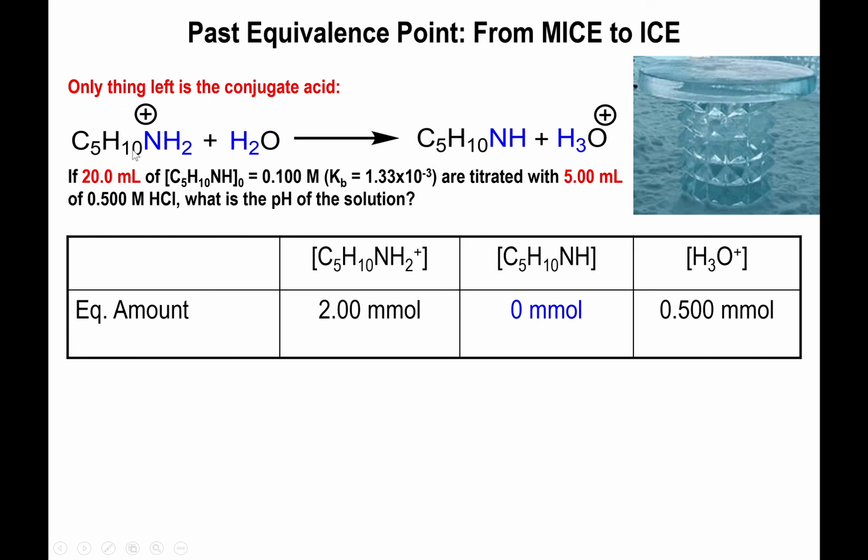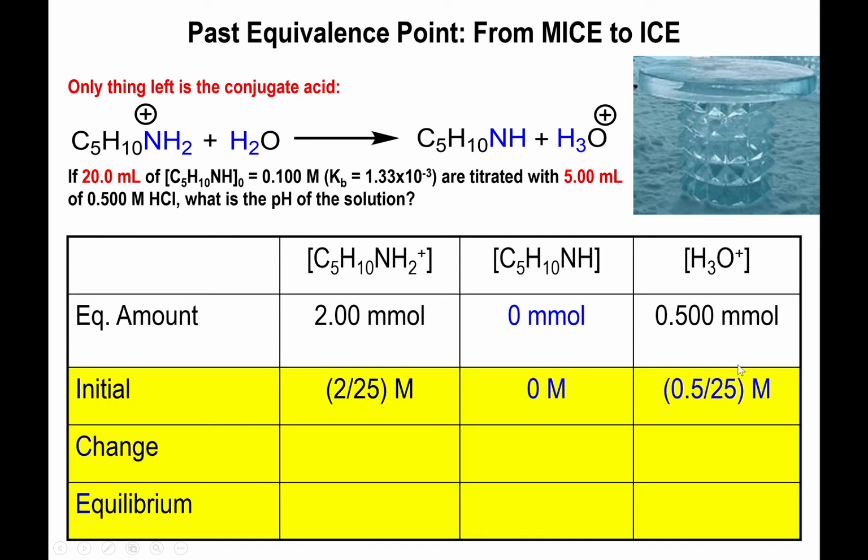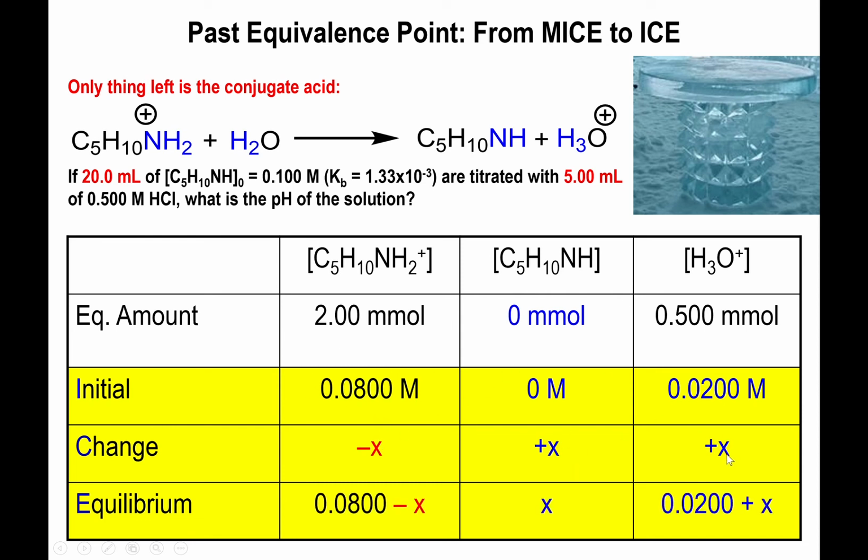The conjugate acid is your new reactant, the conjugate base is your new product, and hydronium is also your new product. If you change the millimoles to concentration divided by the total volume, which is 25 mLs, this will give you the new initial concentrations for the conjugate acid and hydronium. The changes in concentration will be minus x, and plus x, meaning that your equilibrium concentrations will be 0.08 minus x, and 0.02 plus x, respectively.